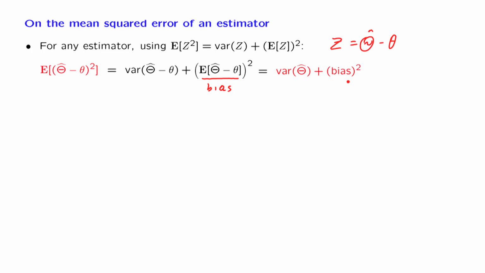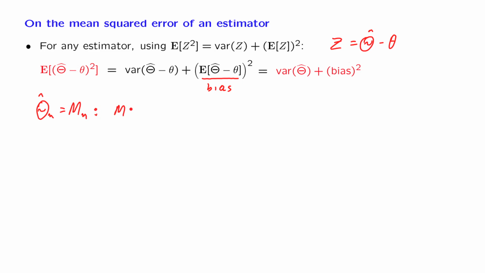So the mean squared error consists of two components, and these capture different aspects of an estimator's performance. Let us see what they are in a concrete setting. Suppose that we're estimating the unknown mean of some distribution and that our estimator is the sample mean.